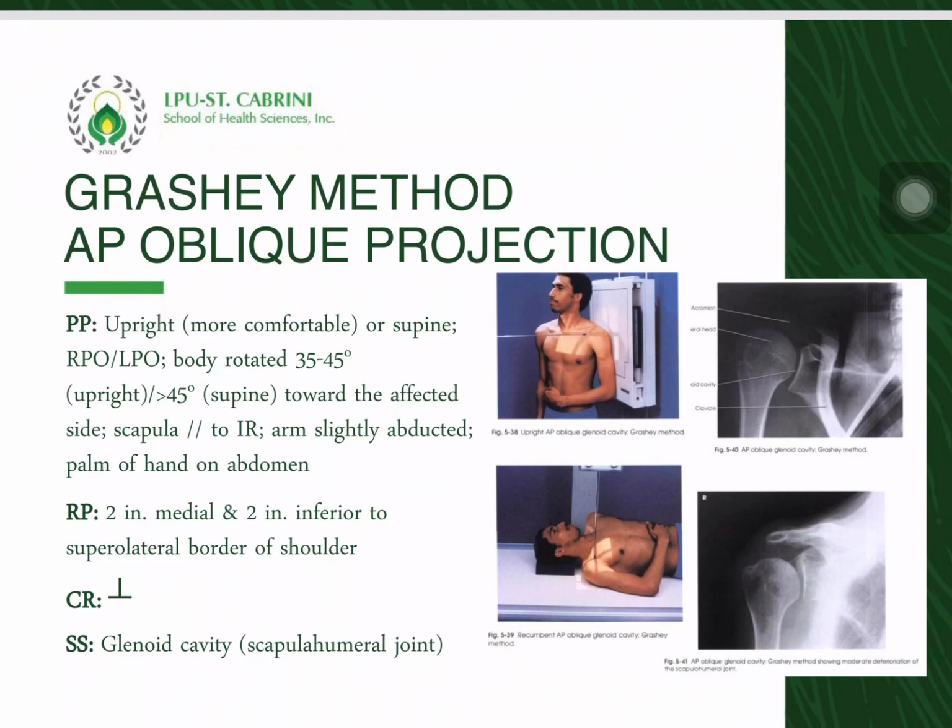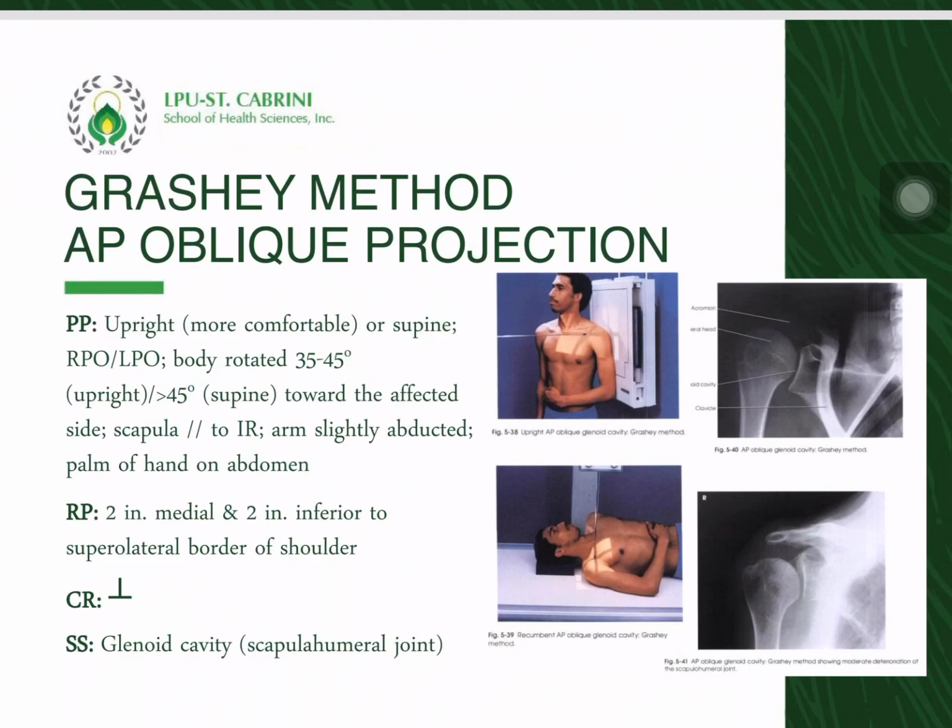So the patient could be in an upright or supine position, but having them in an upright position is more comfortable. The patient can be placed in LPO or RPO position depending on the affected side being closest to the image receptor.